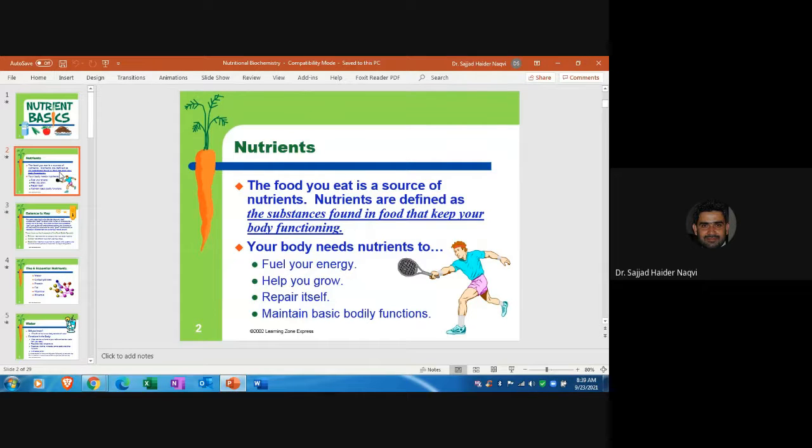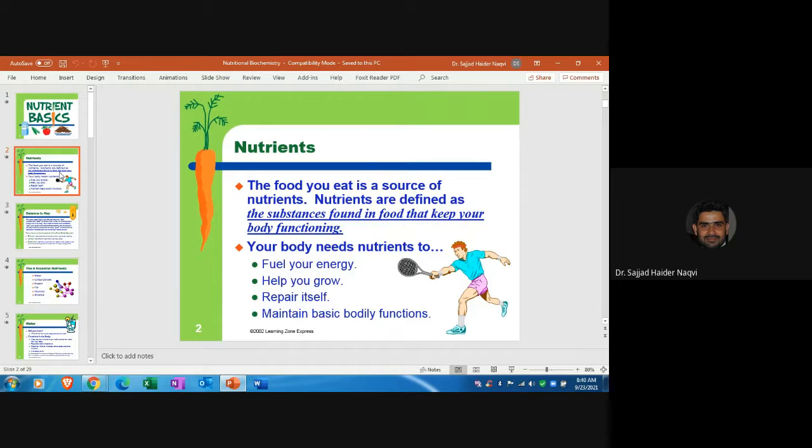As a living organism, there are a lot of functions which our body has to perform, and in order to perform these functions, we need energy. And that energy is provided by food. So the components or substances in our food which are responsible for giving us energy are called nutrients.